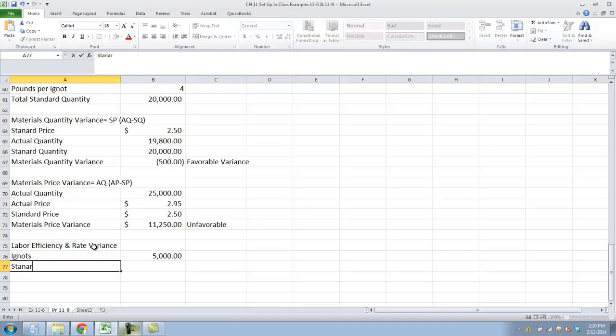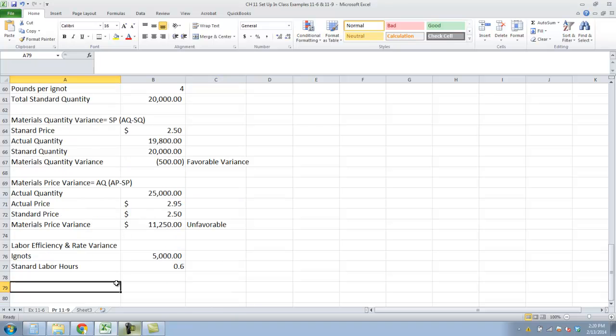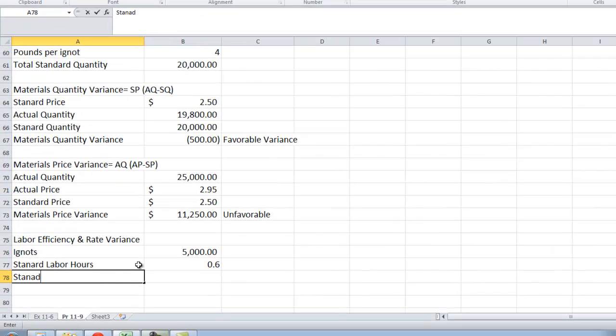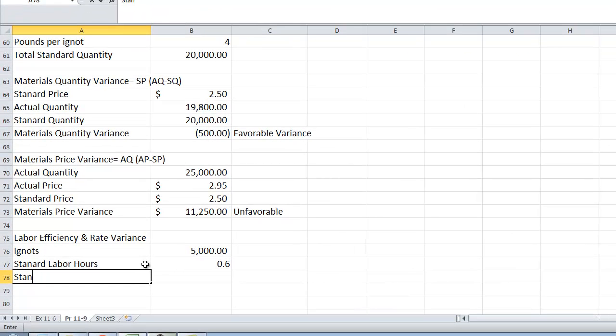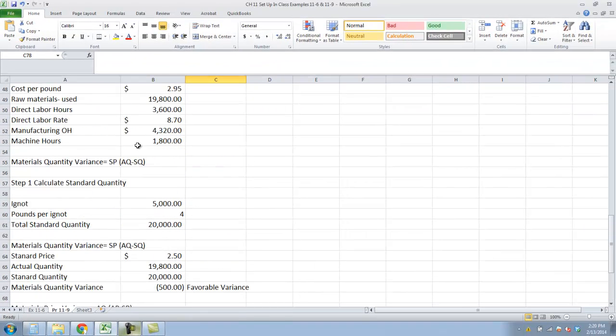Standard labor hours are 0.6. So we should have had labor hours of the 5,000 times the 0.6, or 3,000 labor hours to manufacture this. We actually had labor hours of 3,600.